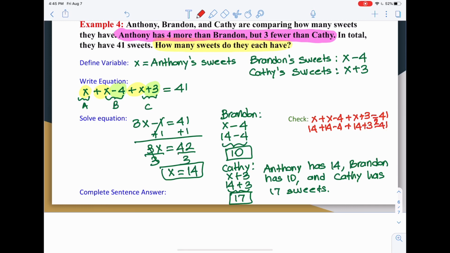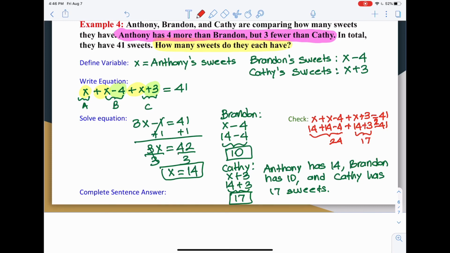We are checking, that's a question mark here. So 14 plus 14 is 28, minus 4 is 24. And on the other side, we have 14 plus 3, which is 17.